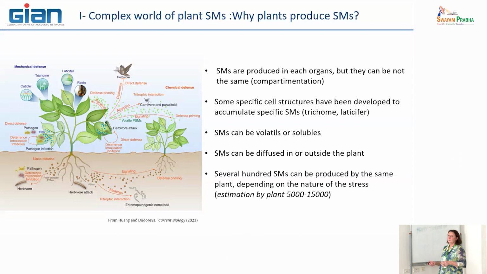And finally, we have just started to identify some of these molecules, because in one plant there are several hundred, but now it is estimated that between 5,000 and 15,000 molecules per plant can be produced, not at the same time, but depending on the situation of the plant.